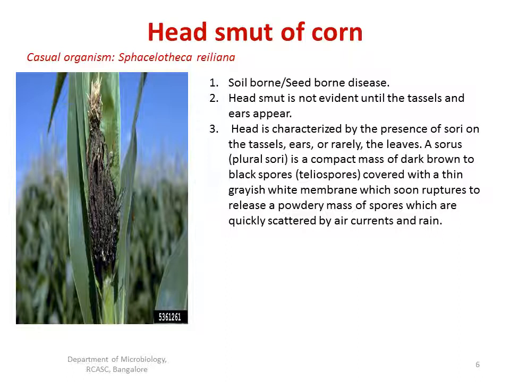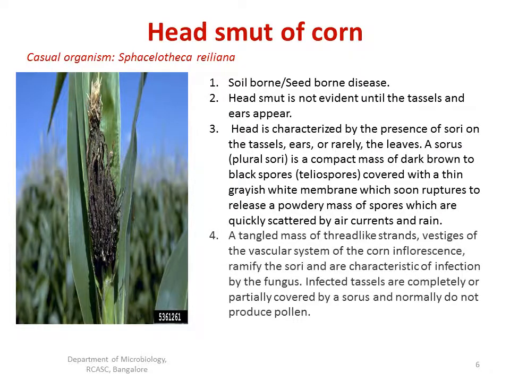So what kind of symptom can we find? The entire tassel, the part where the corn is actually to be produced, is completely occupied by teleospores, covered by a grayish white membrane, and this membrane ruptures and releases a powdery mass of spores, which once released can be scattered by air and rain.